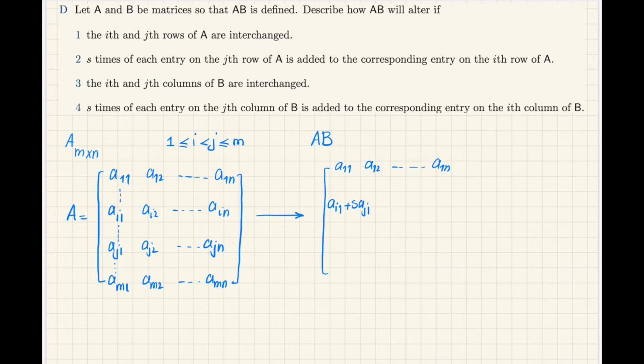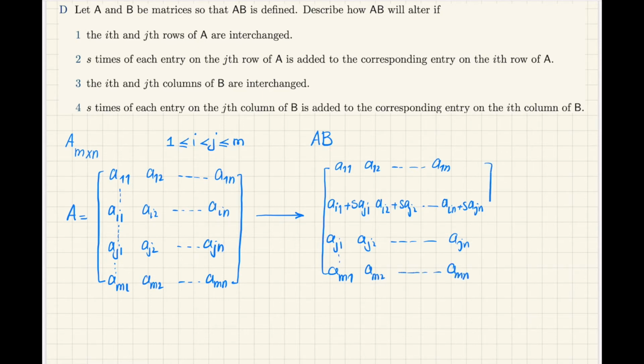The second one becomes ai2 plus s aj2, and then it continues until you reach ain plus s ajn. This would be the ith row, any other row, even the jth row, remains the same. This is what we mean in this problem. And you continue, the last row also remains the same.